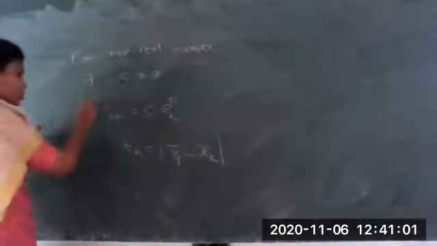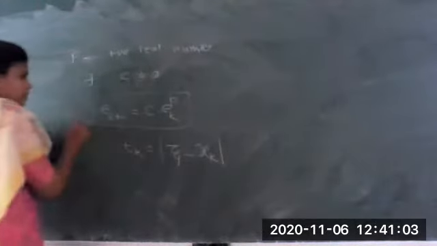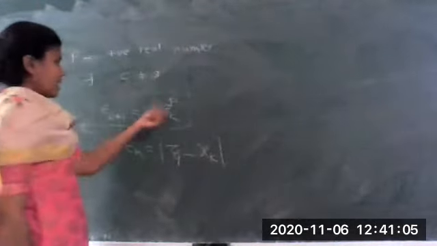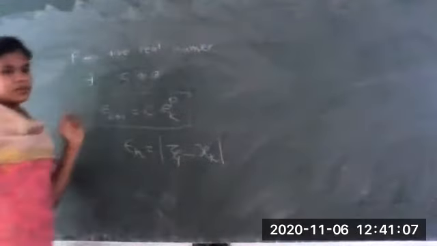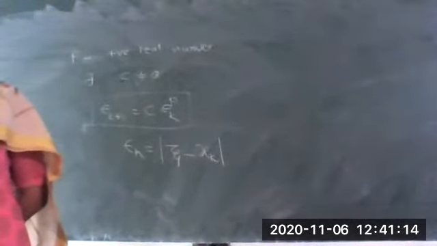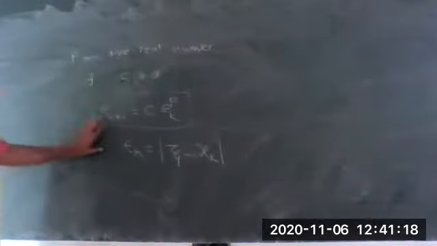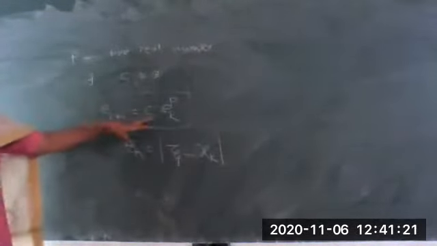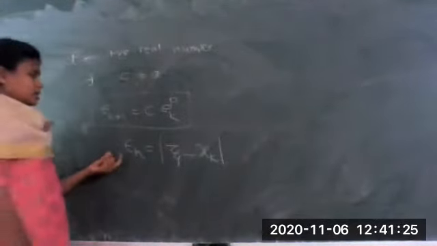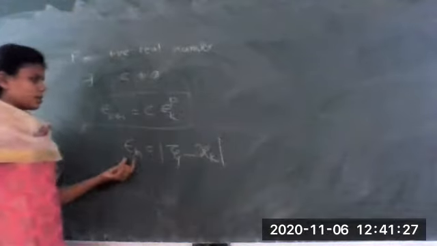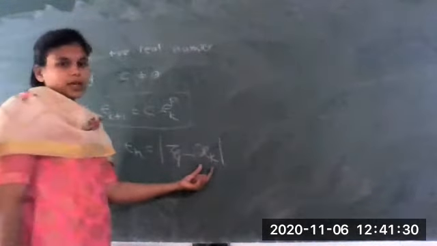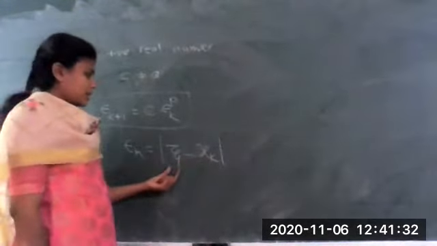And if this condition holds, we say this method has a rate of convergence or order of convergence P. Okay. So an iterative method is said to be of order P, or it has a rate of convergence P, if there exists a constant C which satisfies the condition epsilon k plus 1 is equal to C epsilon k raised to P, where epsilon k is the error at the kth step, that is xk is the kth approximate root and zeta is the exact root.